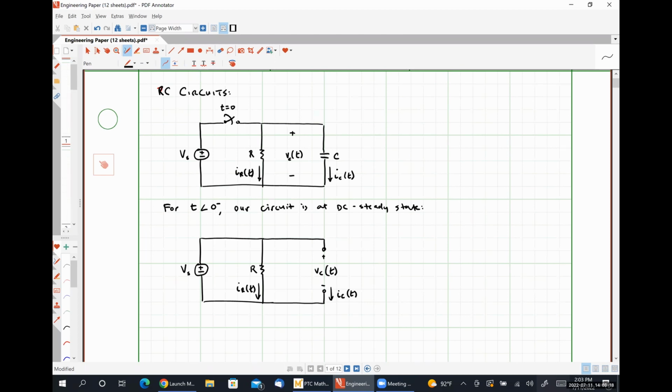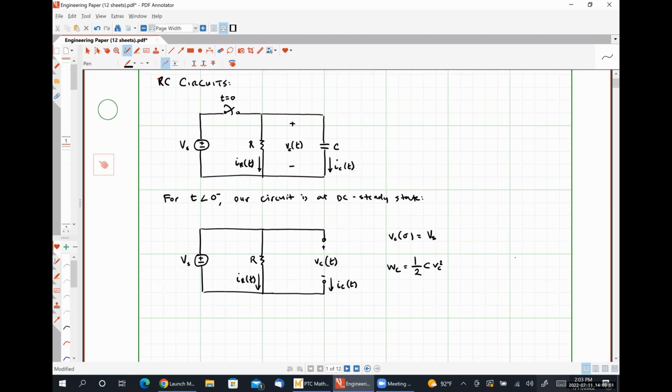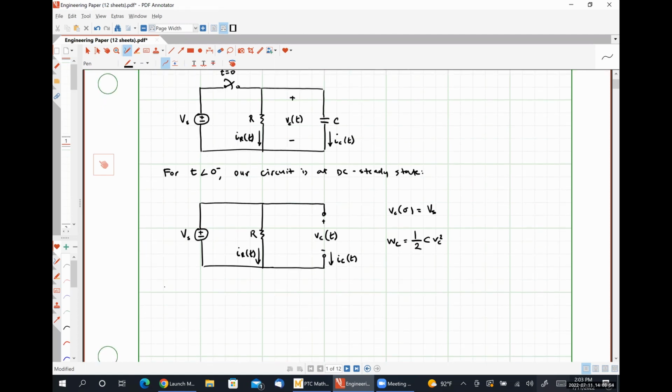And by inspection, we can easily see that Vc for all time less than 0 minus is simply Vs. Since the voltage drop across the capacitor is non-zero, this means that the capacitor has some amount of stored energy, where the energy stored by a capacitor is given by 1/2 C V squared.